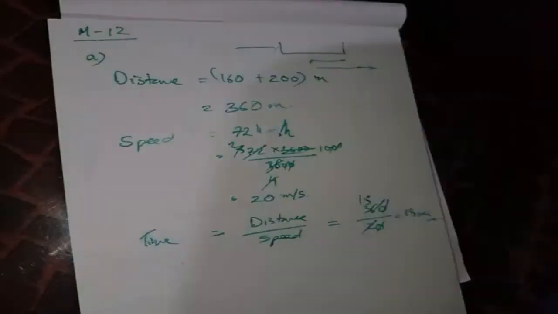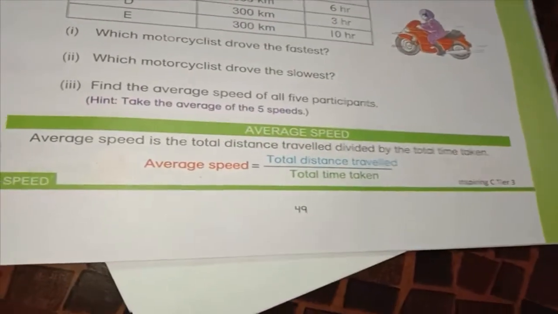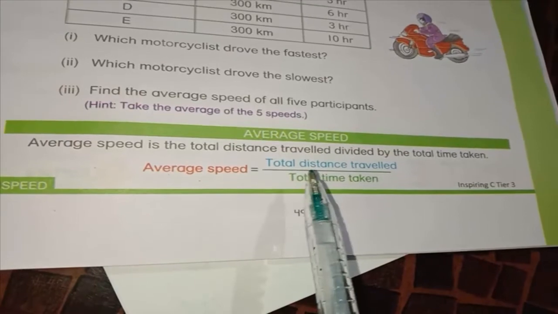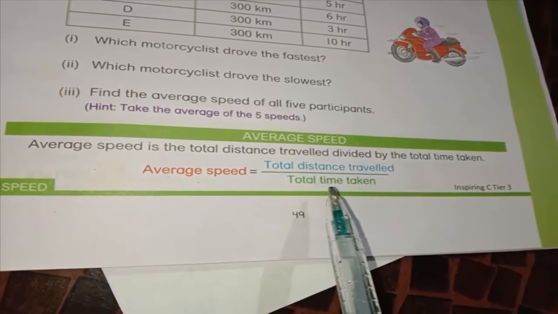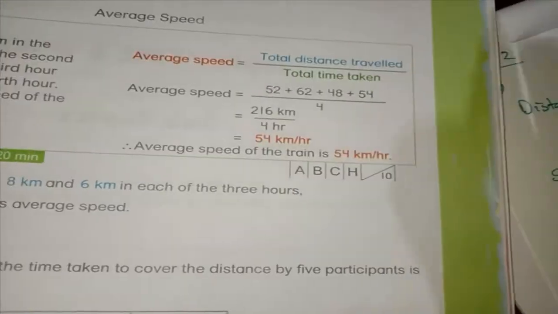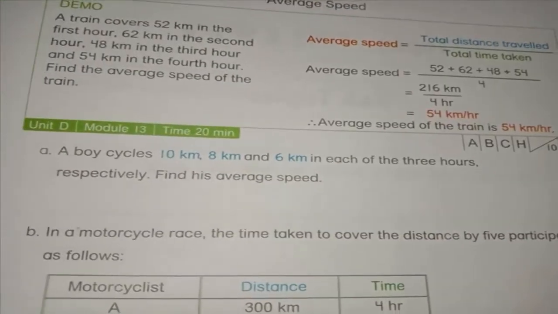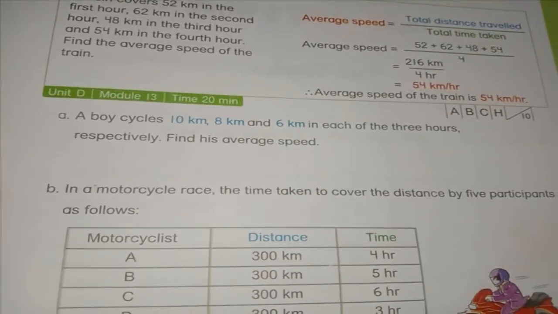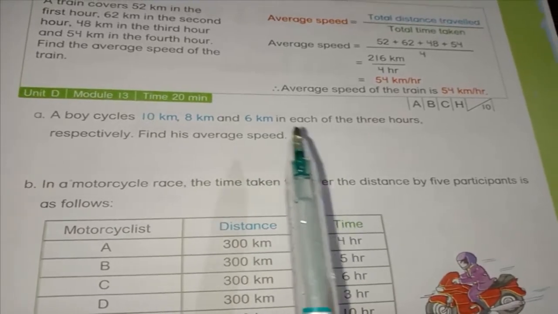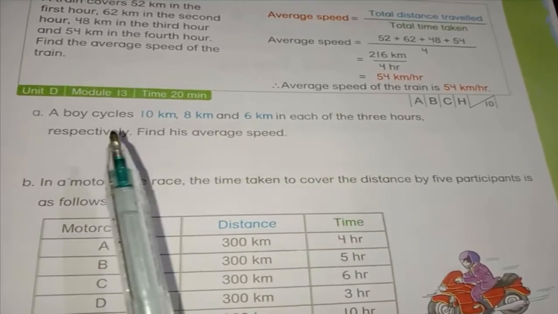Now, as I have already told you earlier, there is a concept of average speed. So the average speed is total distance travelled by total time taken. Let us consider question number A of module number 13, that is the last module of this chapter. A boy cycles 10 kilometers, 8 kilometers and 6 kilometers in each of the 3 hours respectively.